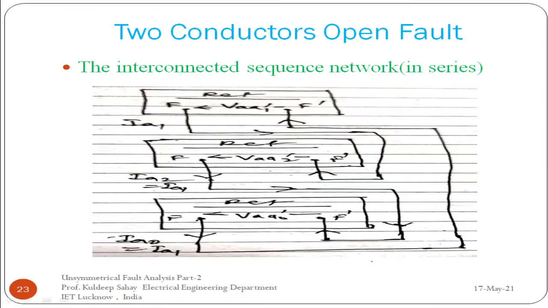So the positive terminal of the positive sequence network is connected to the negative terminal of the negative sequence network, whose positive terminal is connected to the negative terminal of the zero sequence network, and the positive terminal of the zero sequence network is connected to the negative terminal of the positive sequence.